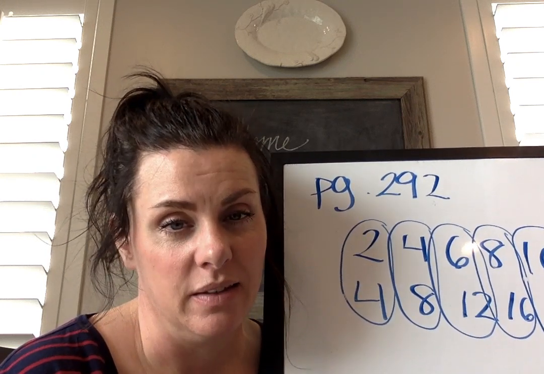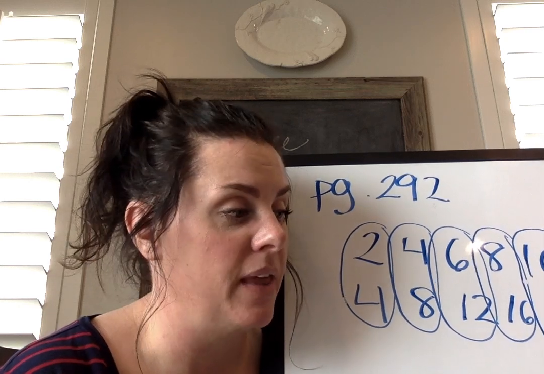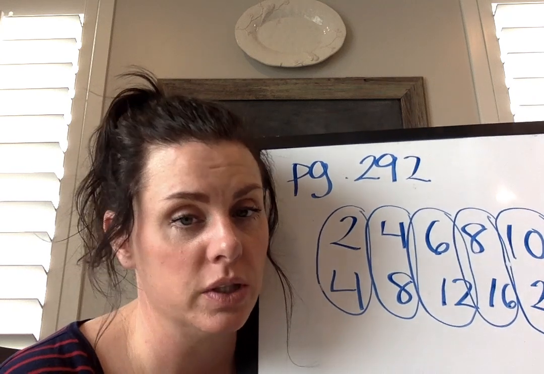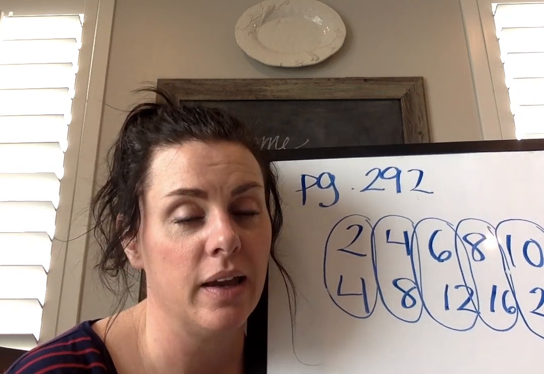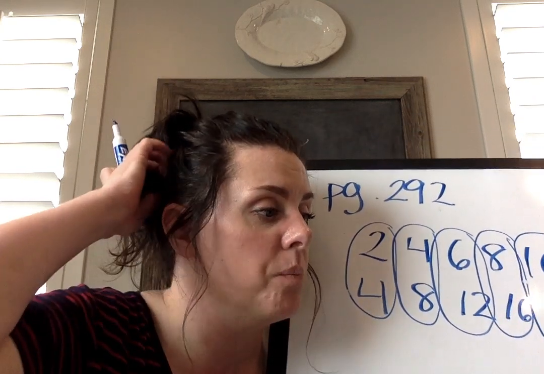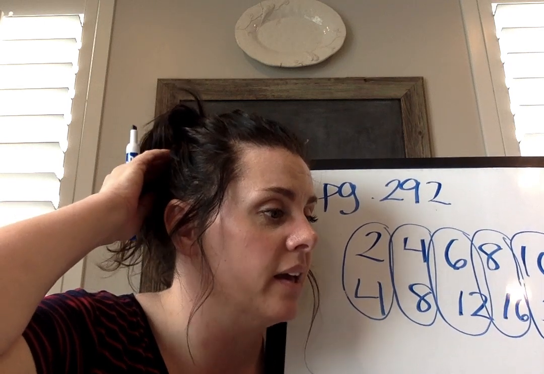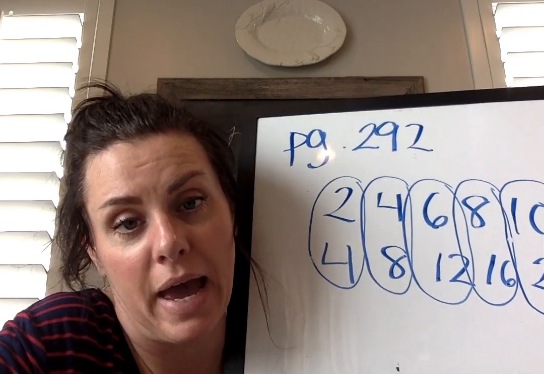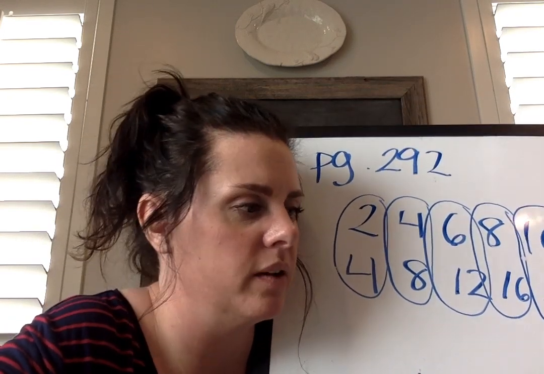I hope that makes sense. I kind of didn't explain that one very well, but C and D are very closely related. Hopefully you can just see the pattern that's in this. Okay, let's move on. No worries.